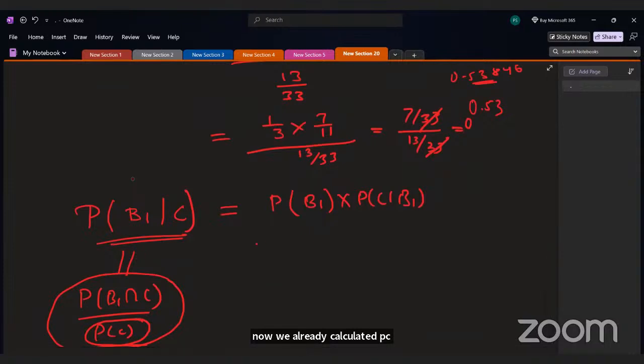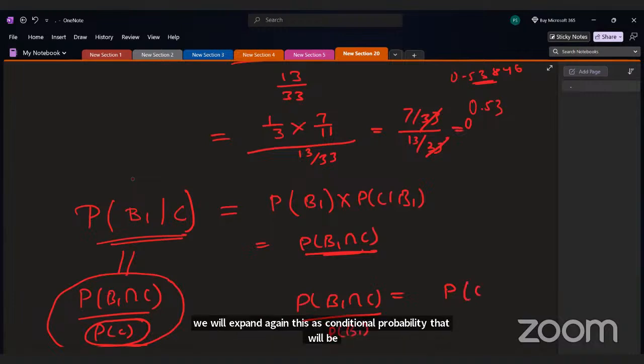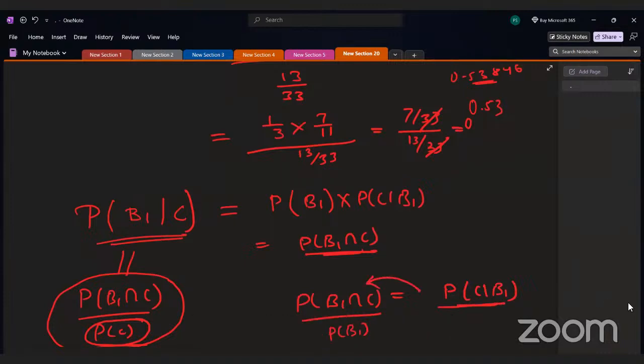Now for the upper part, we have to calculate how this is equal to this. So we will expand again using conditional probability.